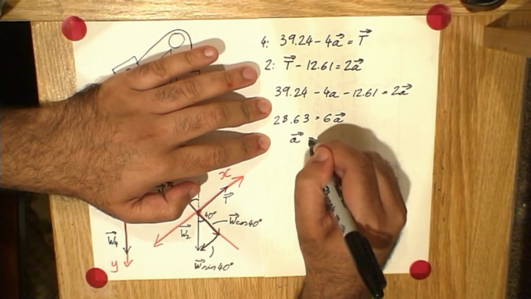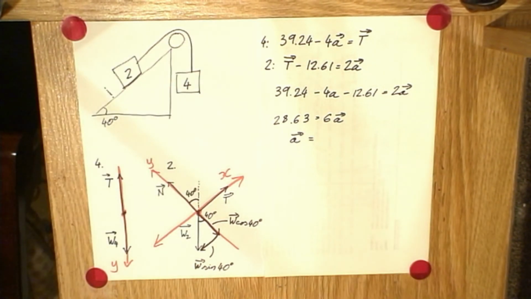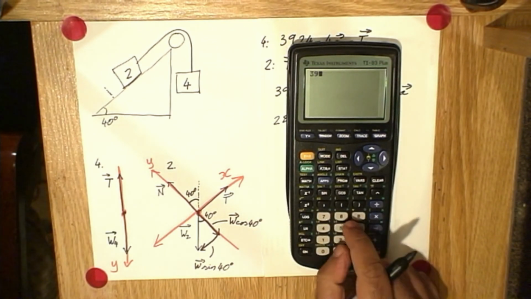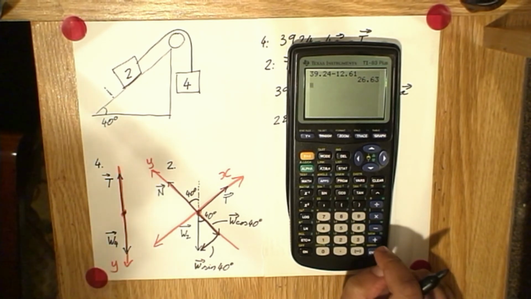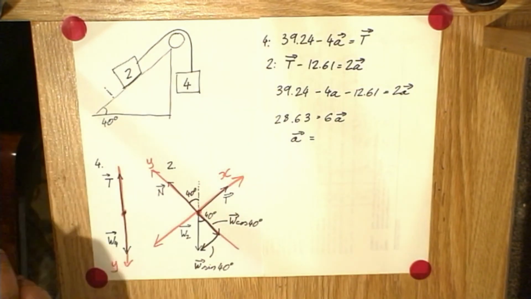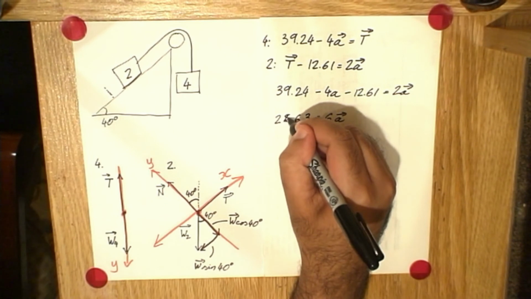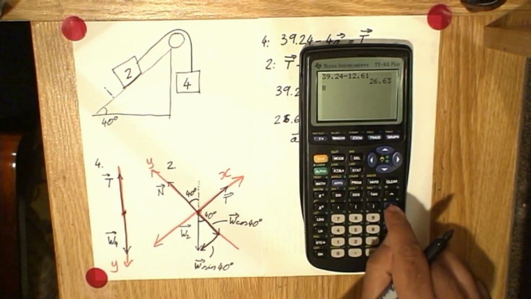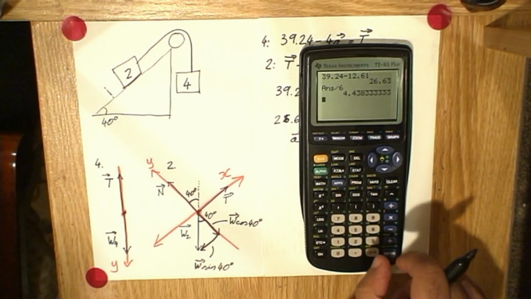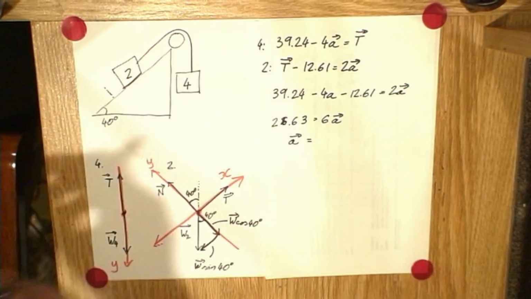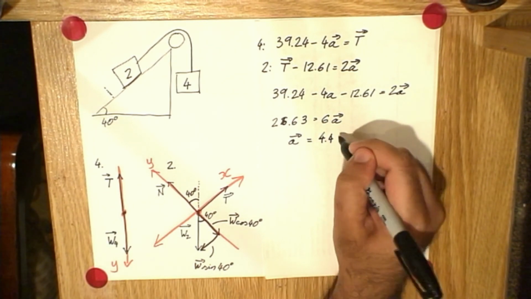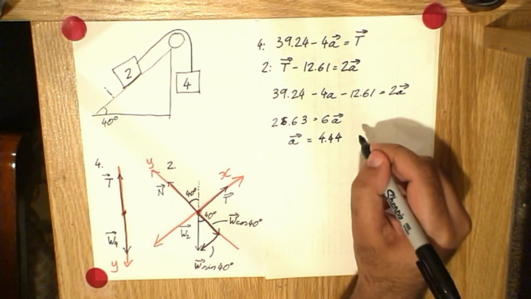So the acceleration is going to become, actually just to be on the safe side, 39.24 minus 12.61 is 26.63. You've got to be careful about that sort of thing. 26.63 divided by 6 gives us 4.43, or 4.44, I suppose, if we round it.